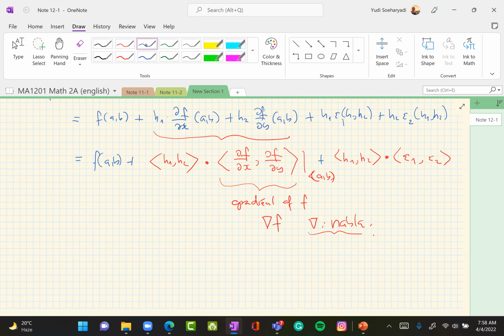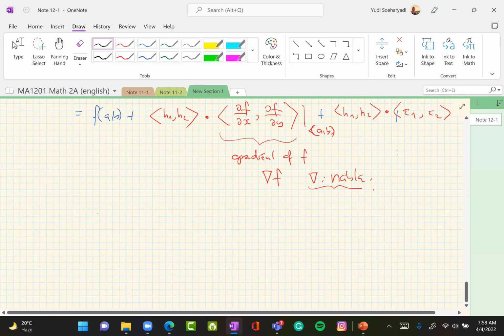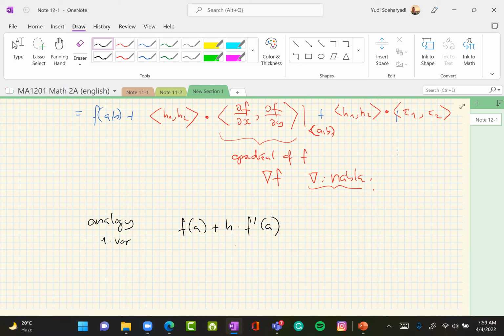So you see the analogy with, let's say, the one variable case. This is f of a plus h times f prime of a. Okay, so what's the analogy here?